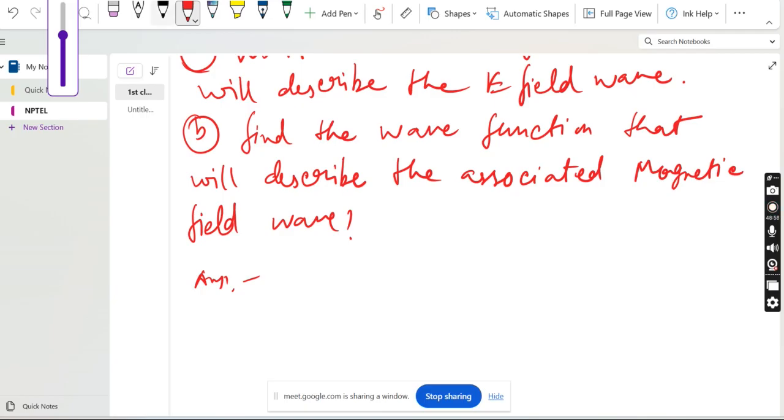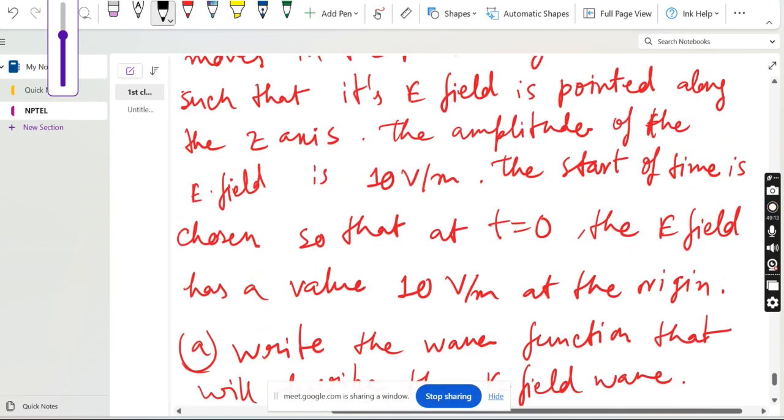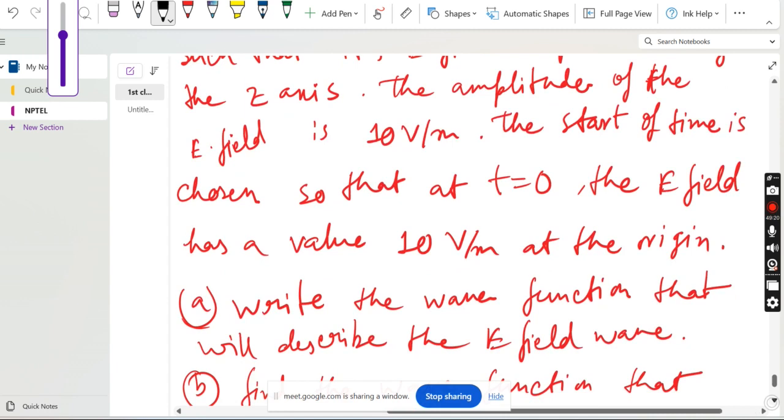So I have already mentioned that we can write electric and magnetic field as sine wave as well as cos wave. But here, which wave function will we choose? That is given in the question, that the start of the time is chosen so that at t is equal to 0, the electric field has a value of 10 volt per meter.